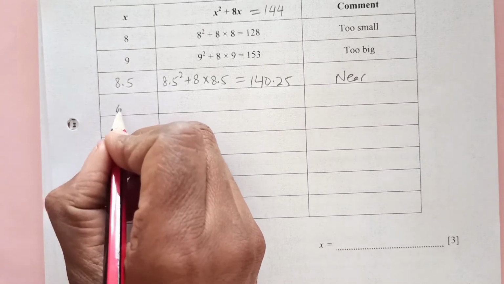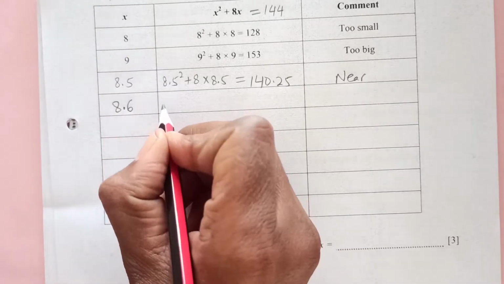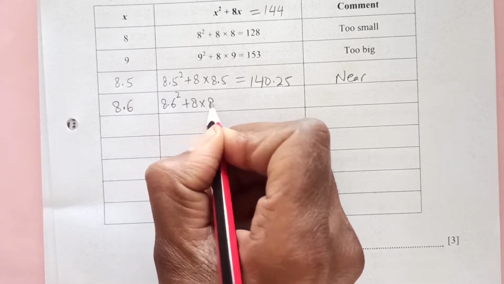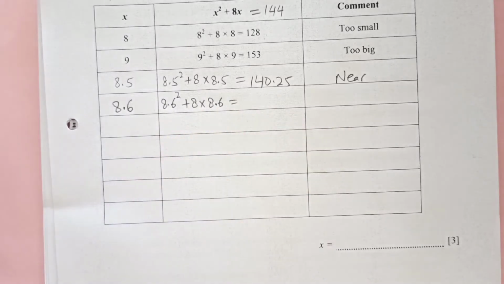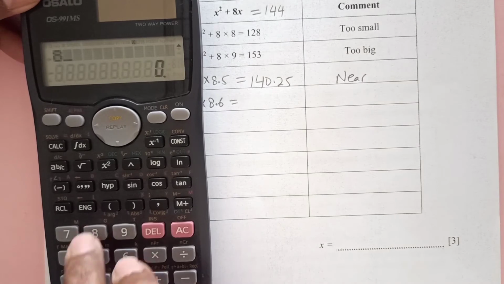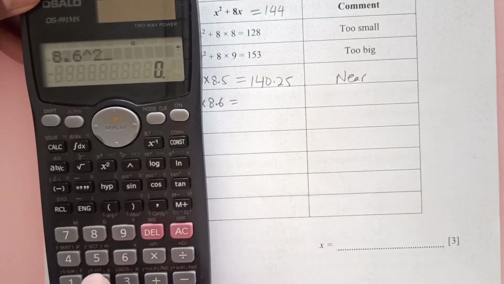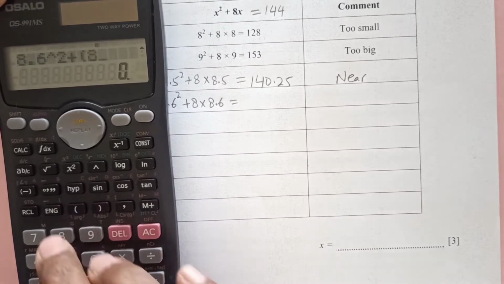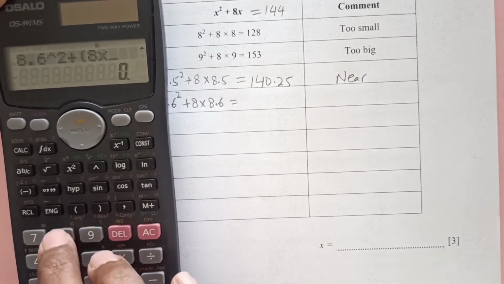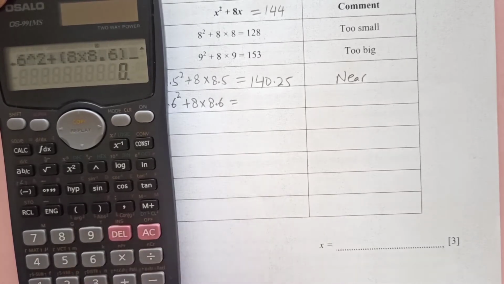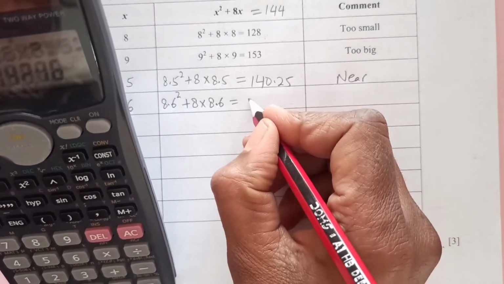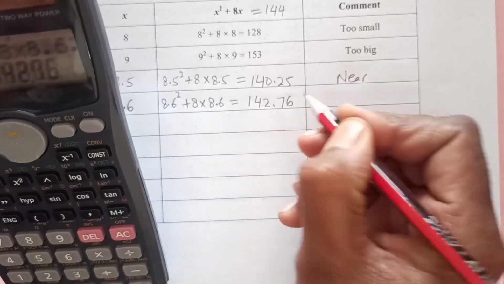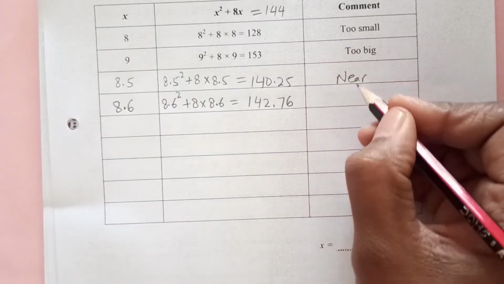So let's take the next value, 8.6. This will be 8.6 squared plus 8 times 8.6. Now we got 142.76. So now it's again nearer.